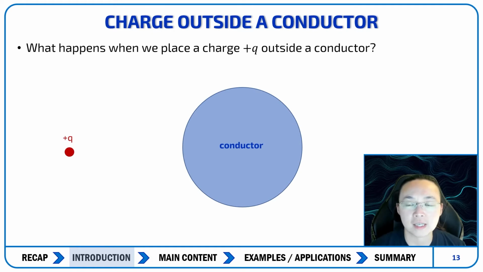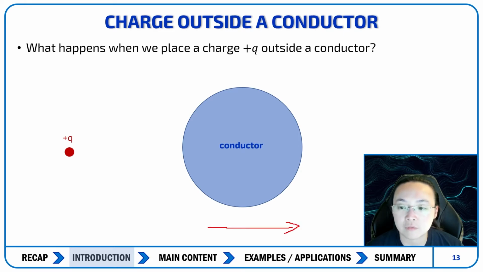Okay, so the next example we have is what happens if we place a charge outside a conductor. So we have a positive charge plus Q on the left, and then we have a conductor in blue on the right. So if this is positive and this is neutral, what happens if we place it in the presence of an electric field going this way?